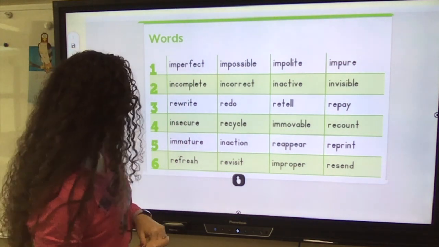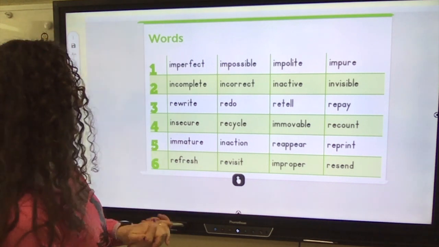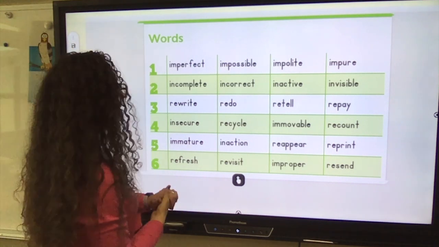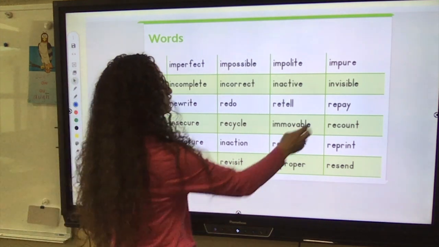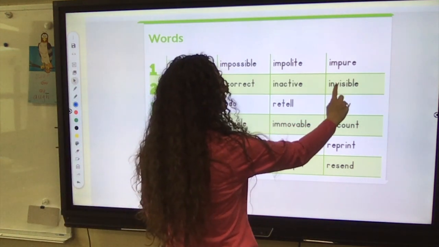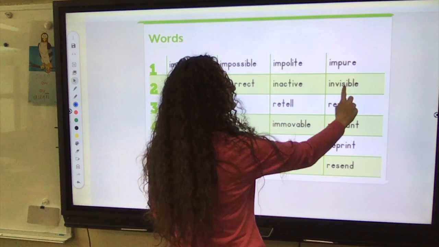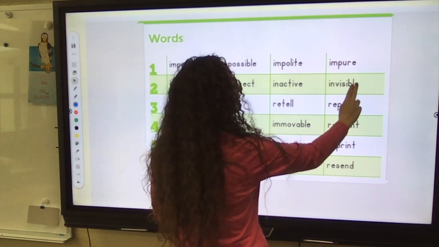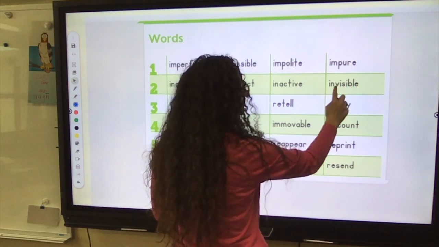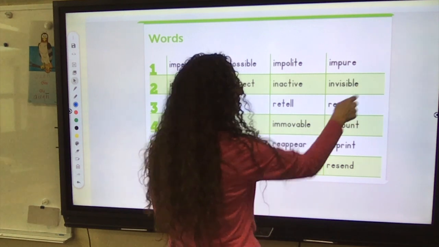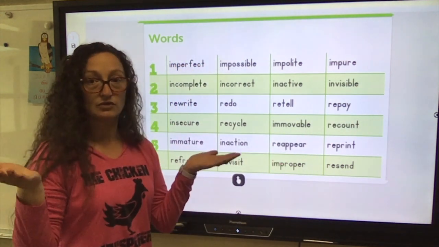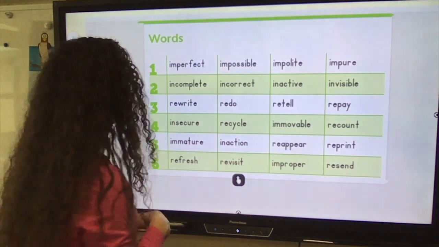All right, I keep being drawn to the re ones. Let's do this one. Invisible. If you're invisible, you're not visible. We can't see you. Invisible.